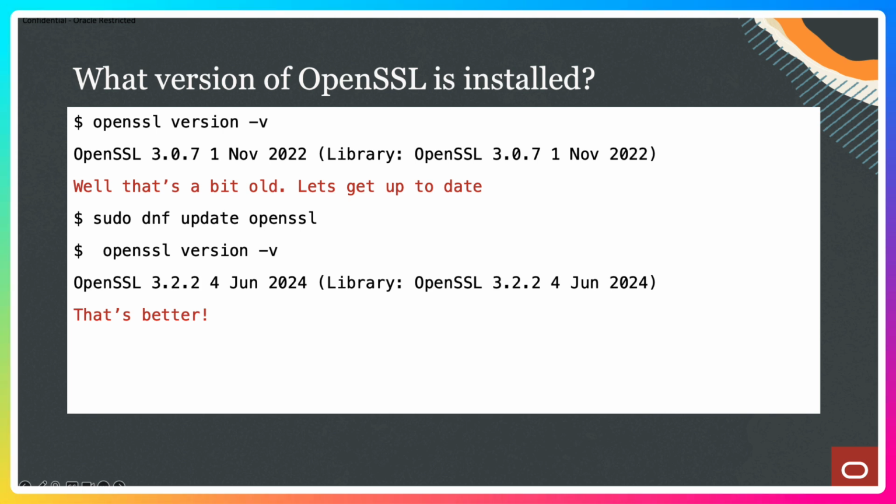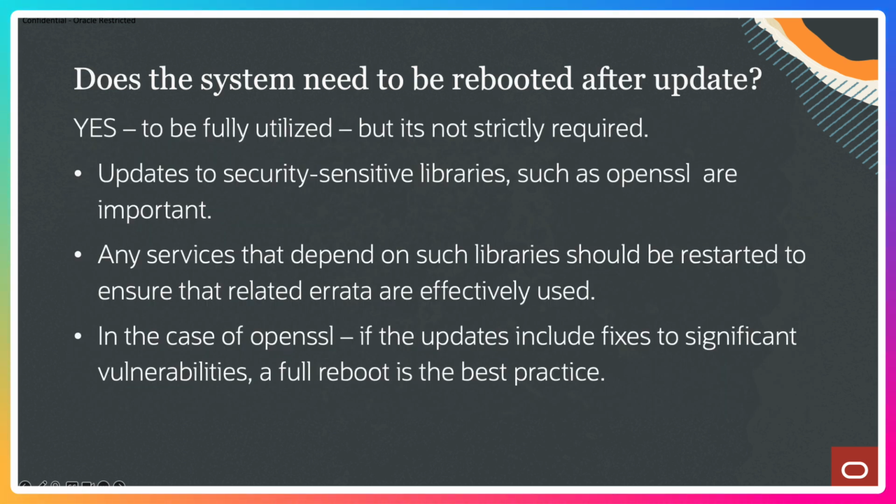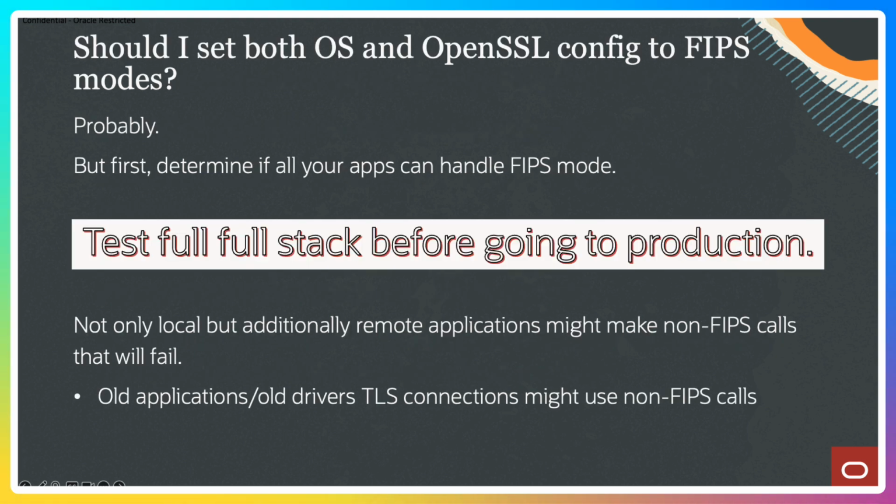And obviously, once you get it, especially with libraries like this that affect security, it's important to restart your system in most cases. So that's sort of the recommended best thing. Now, but before you do that, you need to think about a few things. First of all, should you set OS and OpenSSL config to FIPS mode?